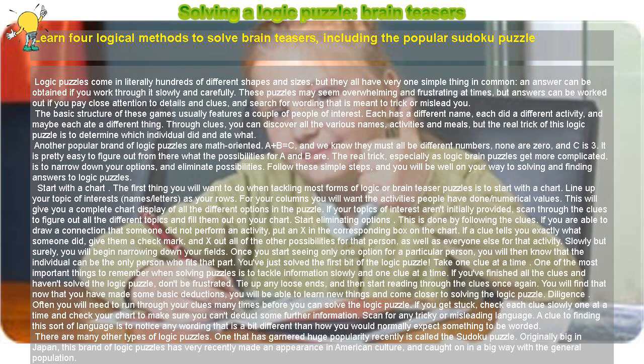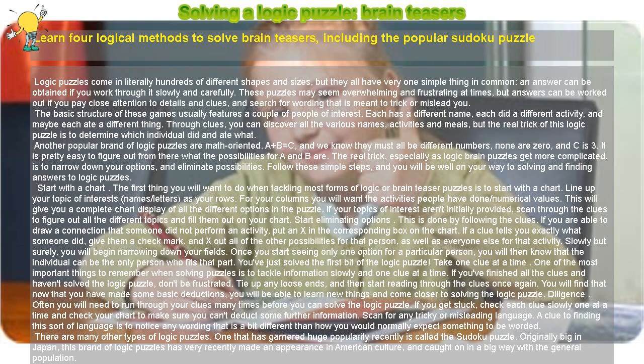Another popular brand of logic puzzles are math-oriented. A plus B equals C, and we know they must all be different numbers, none are 0, and C is 3. It is pretty easy to figure out from there what the possibilities for A and B are.